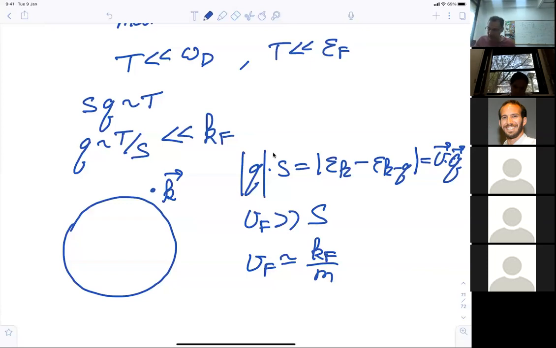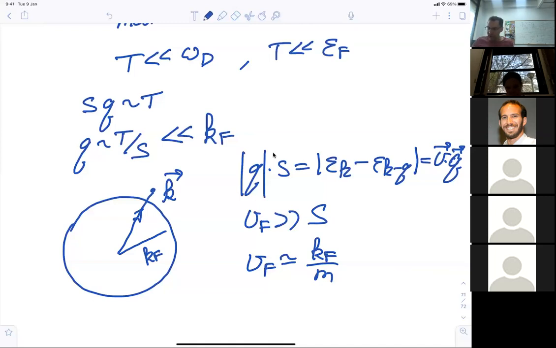How can it scatter? If it started at the momentum K and it goes to some other momentum K prime. So the size of this sphere is K Fermi, and it's much larger than the change of the momentum acquired by scattering.